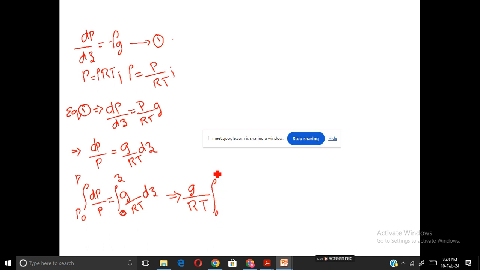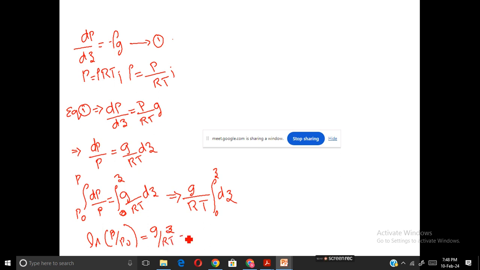So g by RT integral 0 to z dz, and this one, dP by P, will become log of P by P0. Integral dP by P is log P basically. So log P by P0 is equal to g by RT into z.